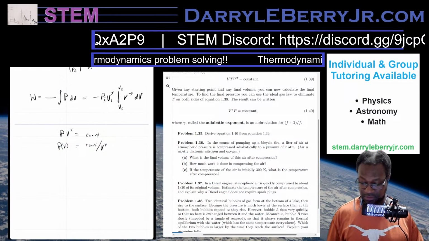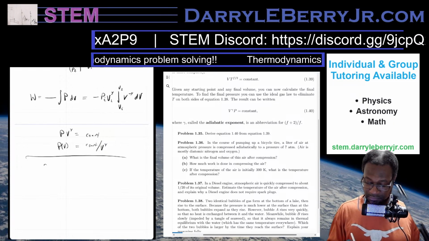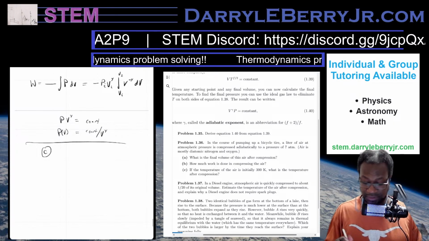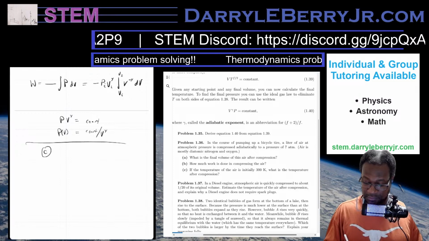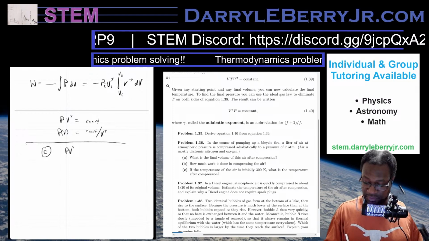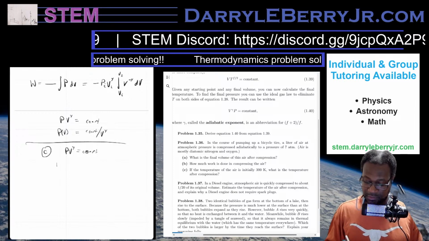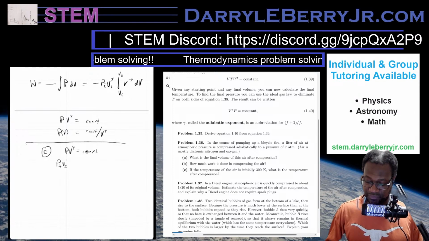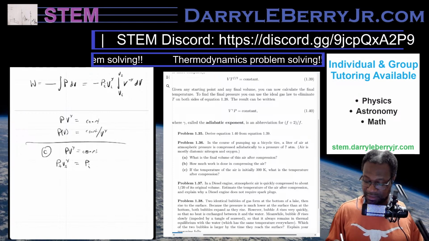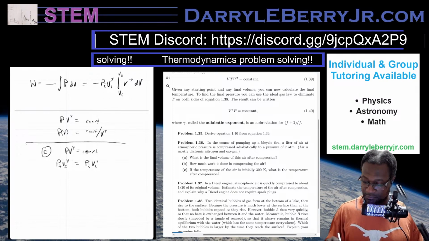So the temperature basically, using C for C, P, V gamma equals constant. So PF VF gamma equals PI VI gamma.